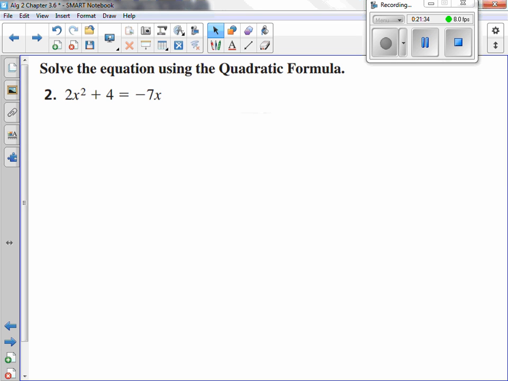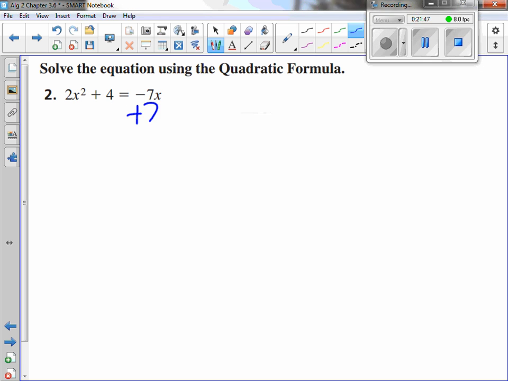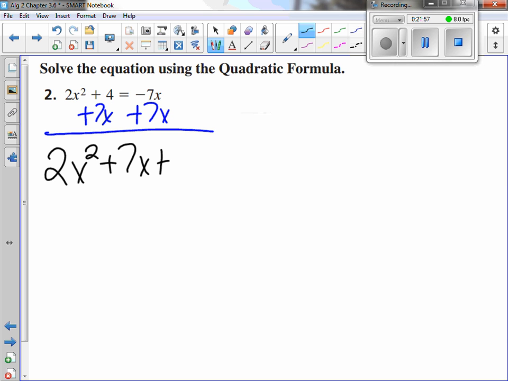Yes, we need to add the 7x because we need this equation equal to 0. So we're going to add 7x to both sides. And because there's no like terms, we'll just get 2x squared plus 7x plus 4 is equal to 0.